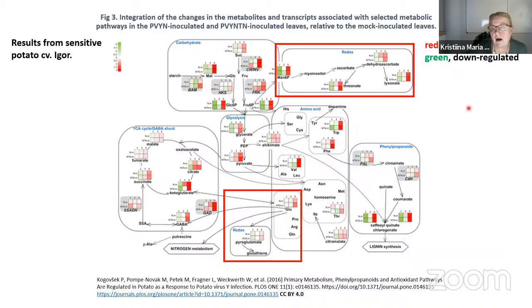It was also studied how the transcriptional regulation is correlating with the metabolite profiles.